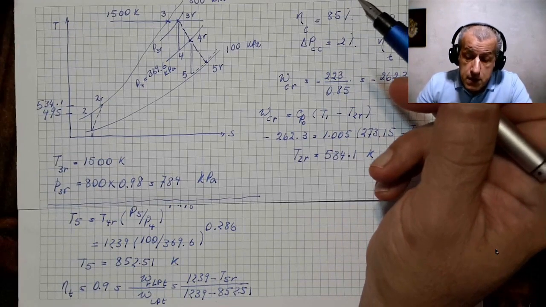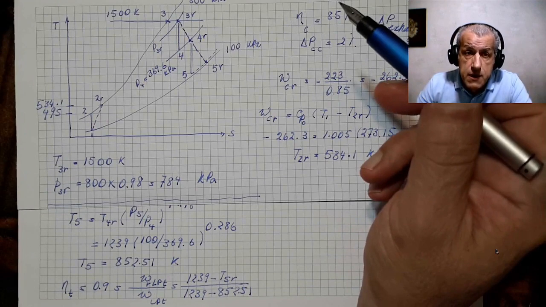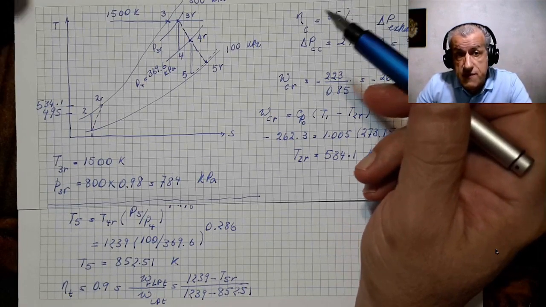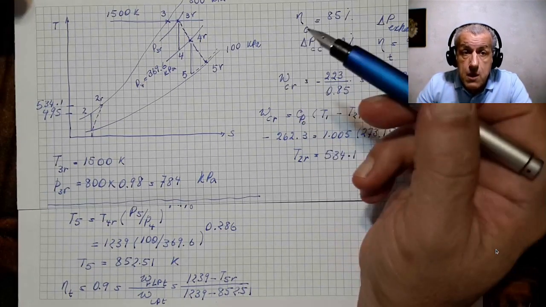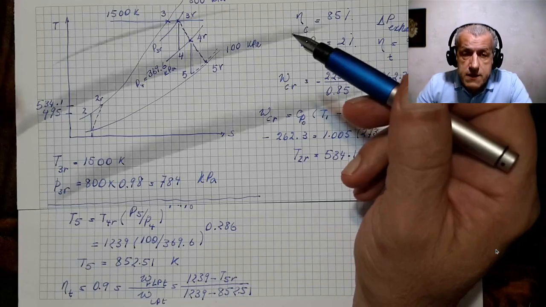We could write efficiencies for individual turbines or even individual stages, or you could write the efficiency for the whole turbine, and they would have different values. But that's a different subject.